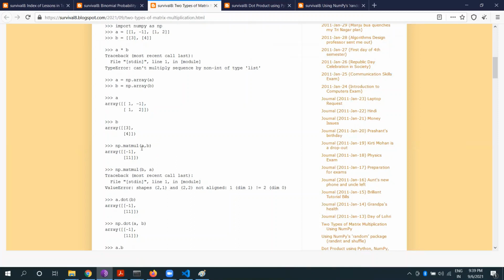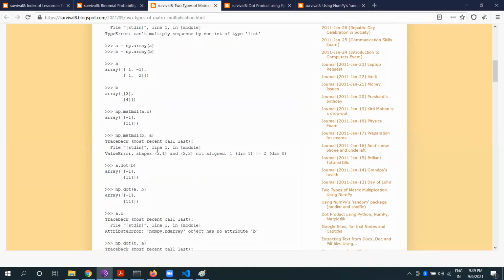Well, basically, if you want to do matrix multiplication, you have to call the matmul function, not the asterisk one. There are multiple kinds of operations.